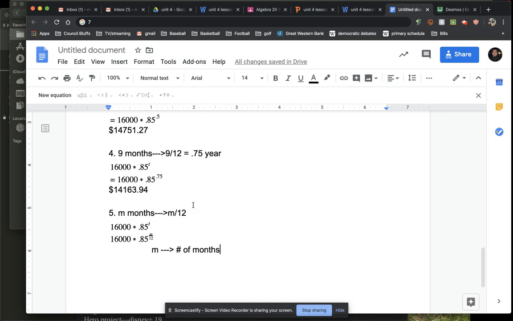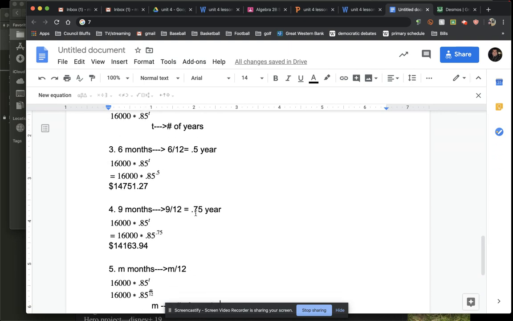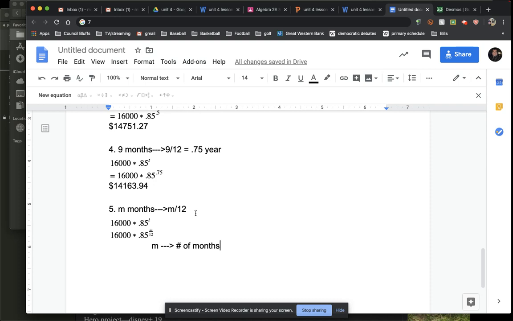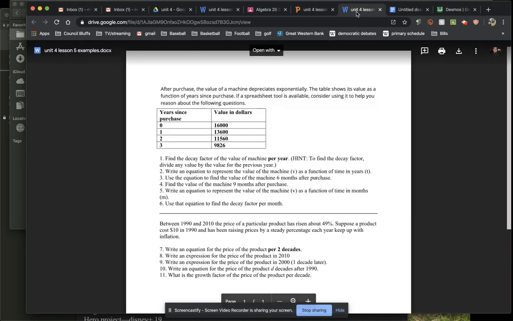I would have been able to do number 3 and number 4 this way. For 6 months, that exponent would have been 6 divided by 12, which is a half. For 9 months, the exponent would have been 9 divided by 12, which is 0.75 or 3/4. So this right here is the answer to number 5.